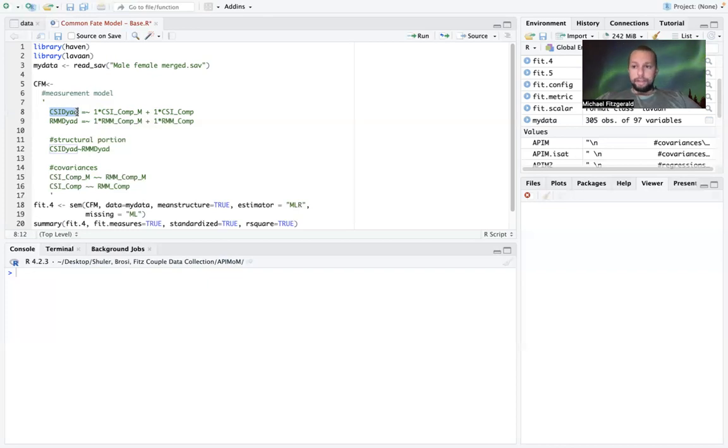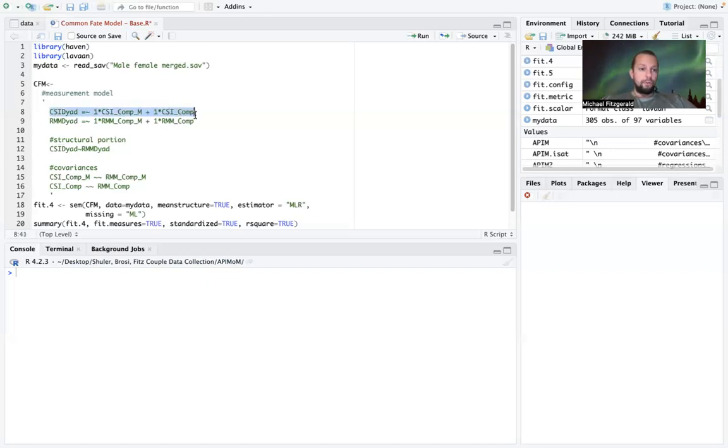One way to think about it is you have this latent construct of shared relationship quality, and that's theoretically causing partner A's response on the variable and partner B's response on that same variable. That's what differentiates the APIM from the common fate model. We believe we have a level 2 process happening, so it would be highly consistent with, for example, family systems theory.